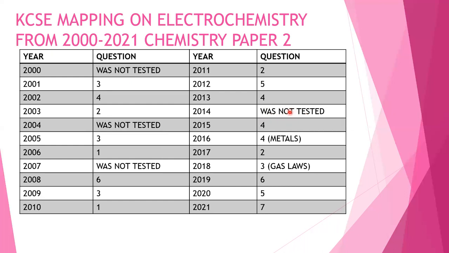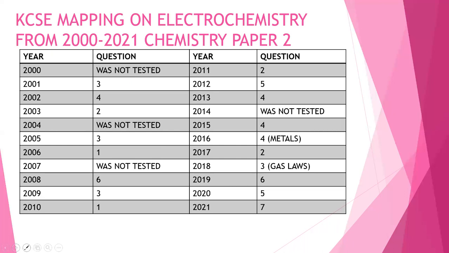So you get that in paper 2, they always try to balance the branches of chemistry. We have physical chemistry, organic chemistry, inorganic chemistry, analytical chemistry, so we have 5 main branches of chemistry. They always dwell among those, and they ensure that each branch is tested.